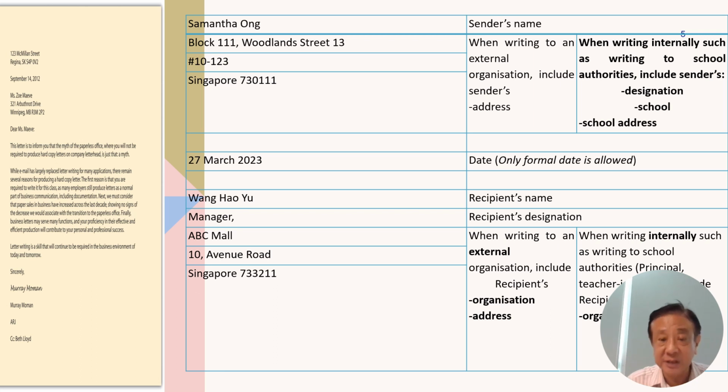And then the salutation as well. Right, so basically this is type A. Start with your name, your home address, followed by the date, the person you're writing to, destination, organization, as well as the address of that particular organization.